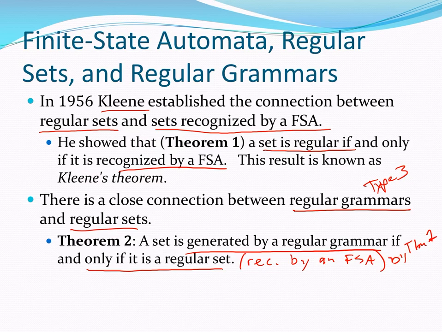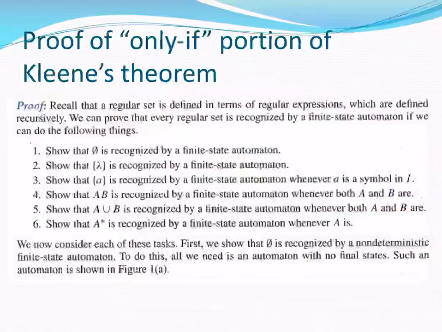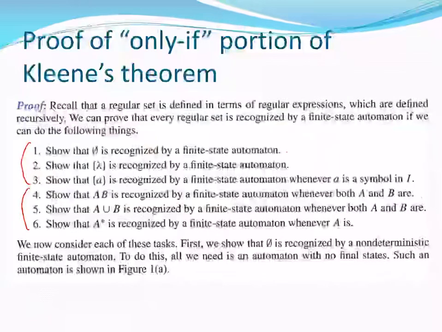First we will tackle a portion of the proof of theorem 1. So we'll be assuming that a set is regular, and then we will show that it is recognized by an FSA. That is the only if portion of the theorem. And the way we do that is remembering that we have the basis steps for creating regular sets and the recursive steps for creating regular sets.